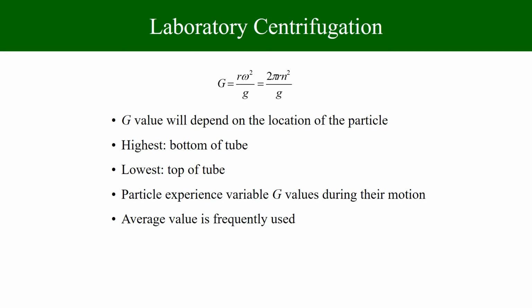Where is the particle present? Is it present at the R minimum or at the R average or at the R maximum? So therefore, a particle can experience different G force based on where it is present. So therefore, generally, the average value is considered for any calculation.